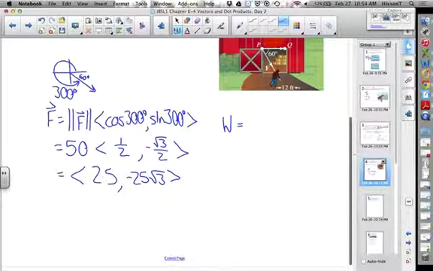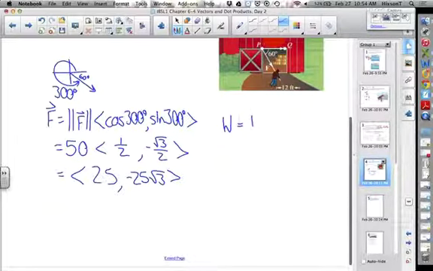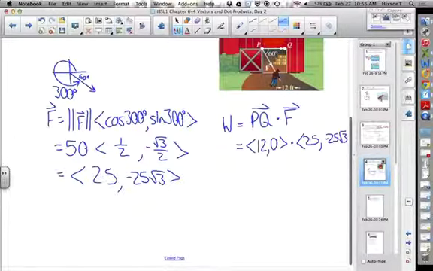The work is our PQ dotted with our force, in foot-pounds. PQ we said was 12, 0. We're dotting that with 25, negative 25 root 3.